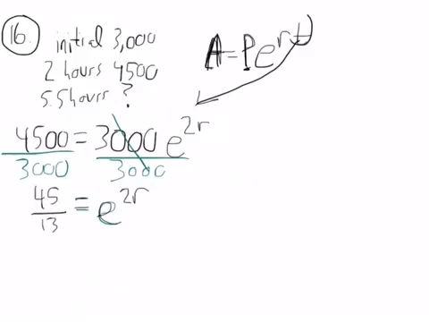Still solving for r, I am going to take the natural log of both sides to deal with that e. So the natural log of that equals 2 times r. Still solving for r, so now I'm going to divide both sides by 2.